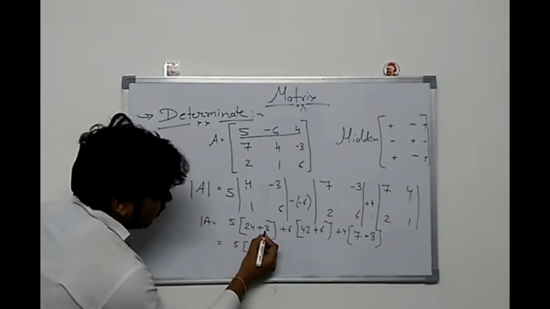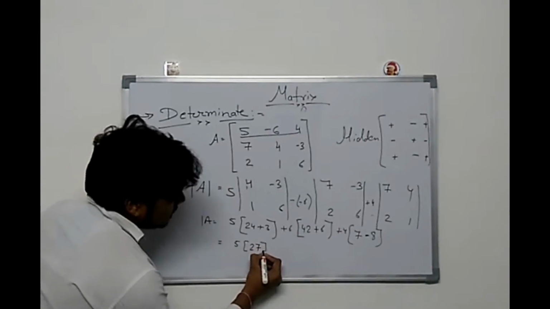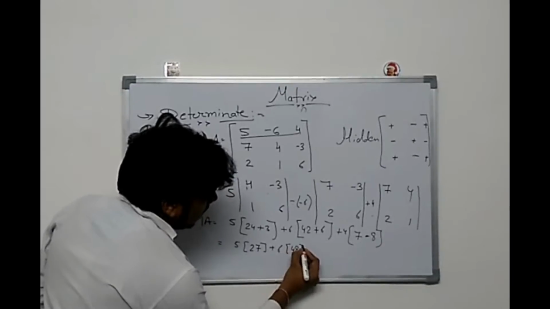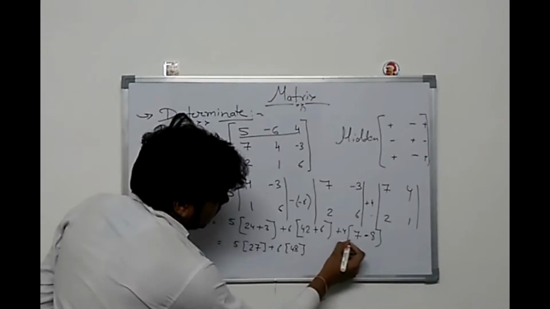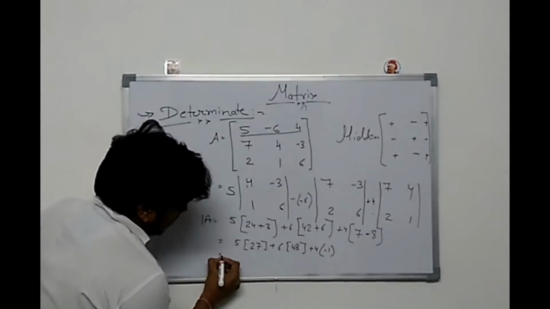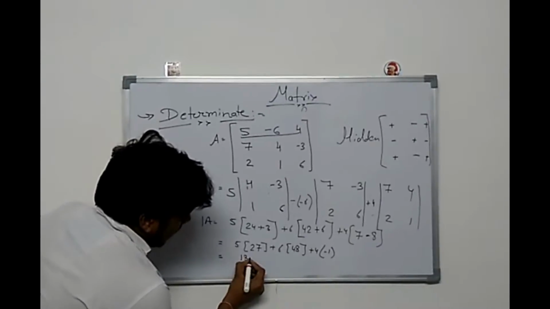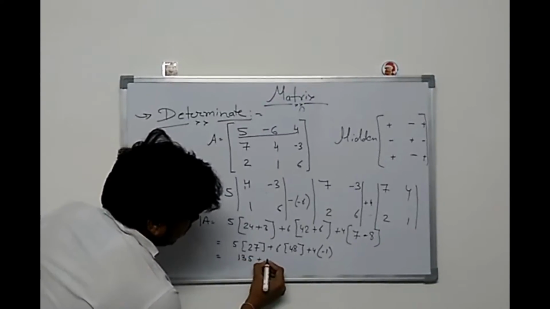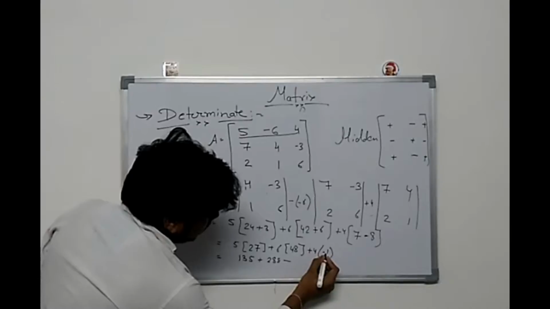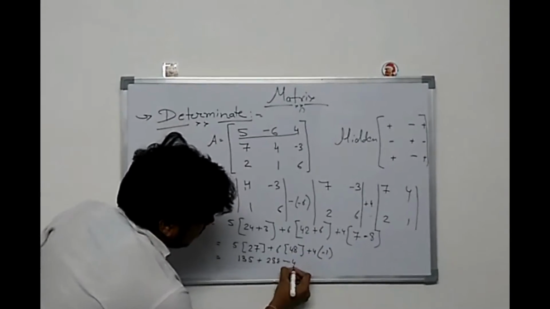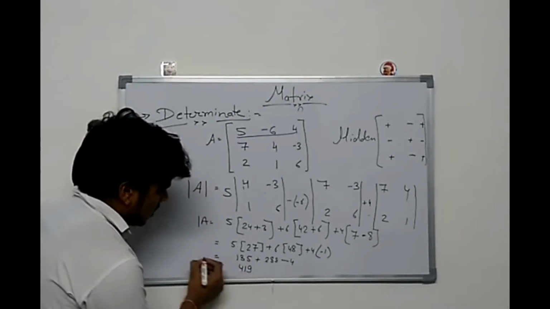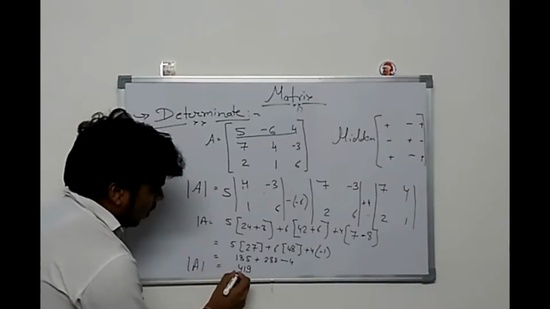So 5 times, 24 plus 3 is 27, plus 6 times, 42 plus 6 is 48, and plus 4 times, 4 minus 1 is left. 135 plus 288, then multiply this and minus 4 multiplied by minus 1 gives minus 4, and the answer is 419. Our determinant comes to 419.